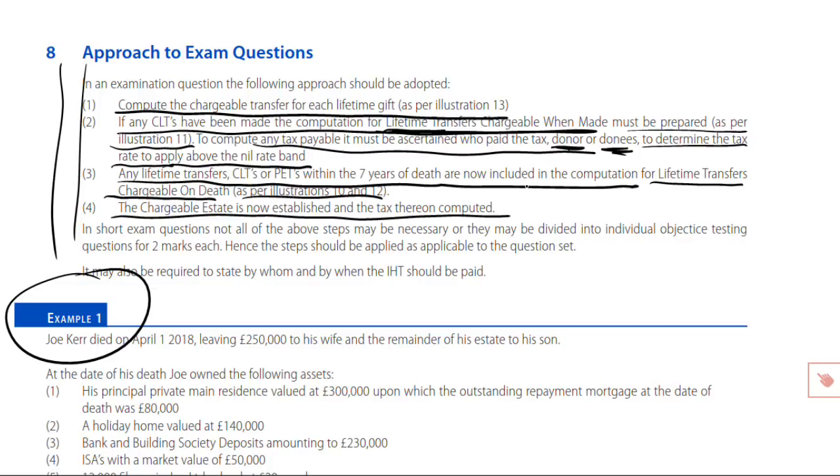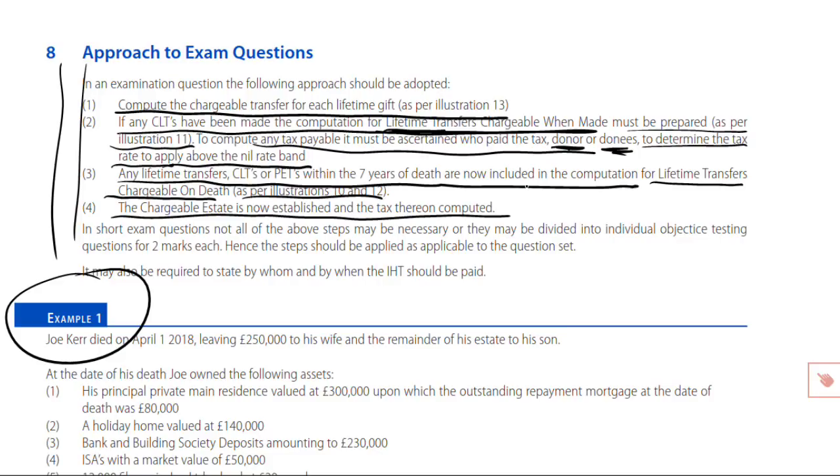Also, after having dealt with the transfers made within the 7 years before the date of death, do we have any available nil rate band? Plus, if there is a main residence in the death estate and it is being gifted to a direct descendant of the deceased, then we are going to be using the residence nil rate band as well.